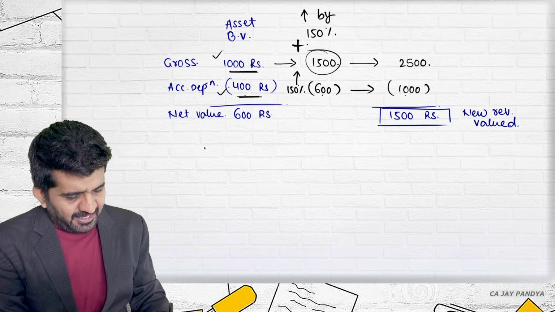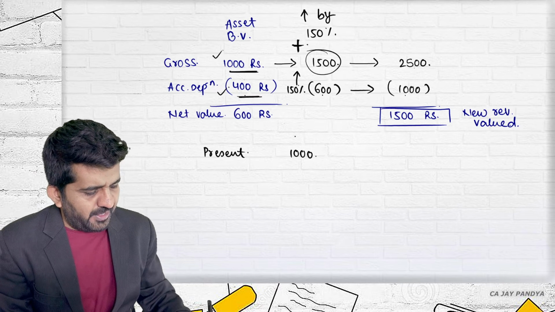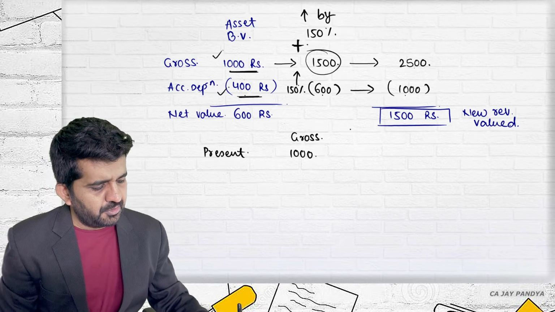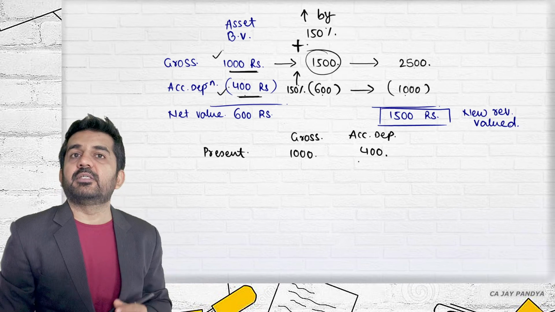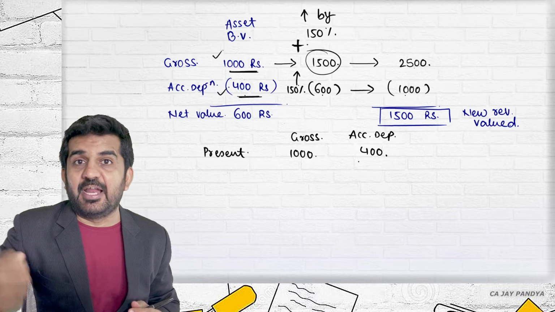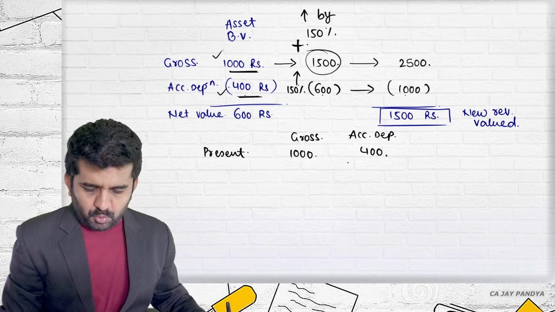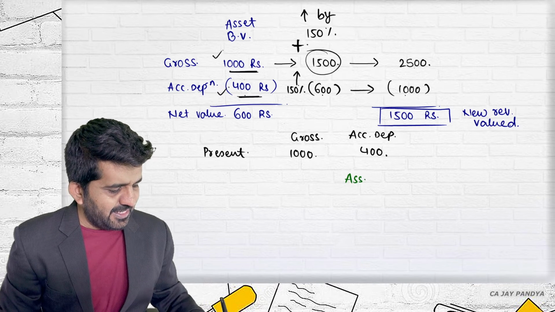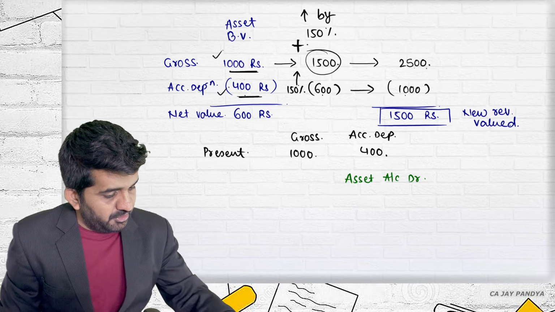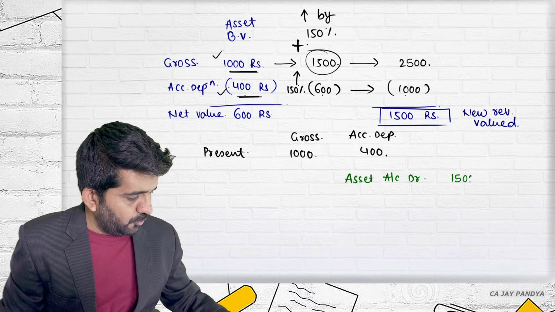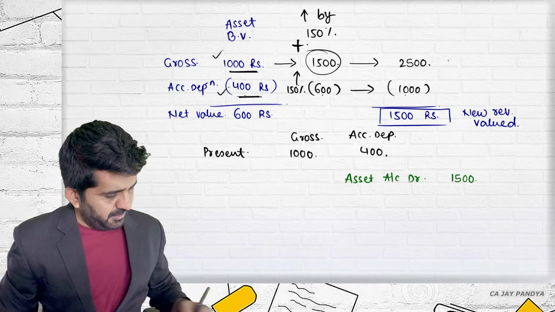Try to concentrate on the present situation. 1000 rupees was gross value or cost, and accumulated depreciation was 400. Try to understand what journal entry will be passed. PPE account debit, or asset account will be debited, by how much? 1500 rupees. So asset value will increase by 1500 rupees.